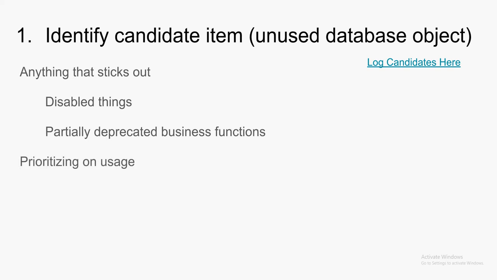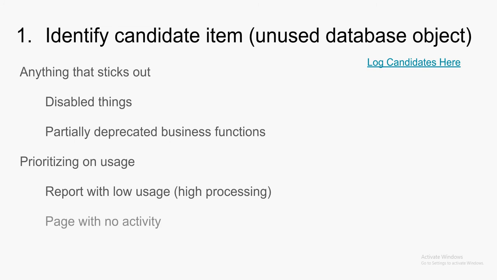That's going to be a pretty big list, and one thing that we can do is look through reports to see things that aren't used or rarely used but may be consuming a lot of time and resources, jobs that take a considerable amount of time, or reports that are taking a lot of processing time but show little usage, and those usage reports are available in the system in different places.